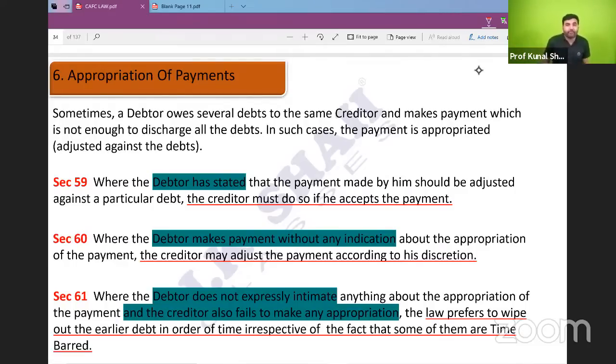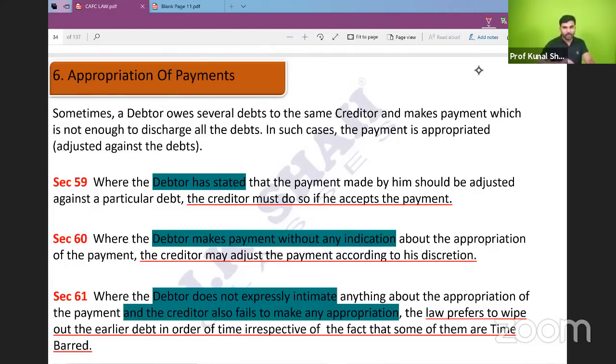However, if the debtor fails to apply, then such right is given to the creditor to apply. The creditor can decide which loans he considers he has received back. However, if the debtor fails and the creditor also fails, then such right is given to the law, and law always and always appropriates them in ascending order, irrespective of whether it is a time barred debt or not.